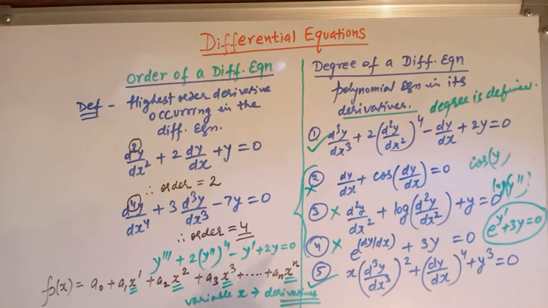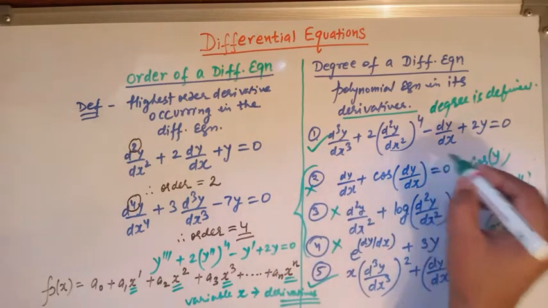Clear? I am repeating once again, the degree of a differential equation, provided it is defined, is the highest power of the highest order derivative present in it, and the degree is a positive integer only.